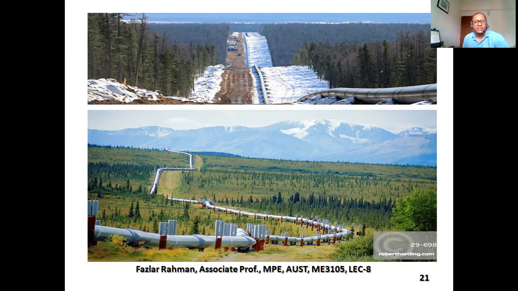You see, this is a pipeline picture taken from a website. There's some company supplying oil through a pipeline, and now we see the pipeline is going under the hill, sometimes over the top of the hill. You see, the elevation is not the same.